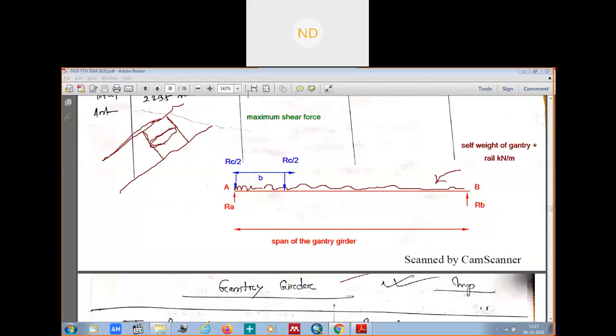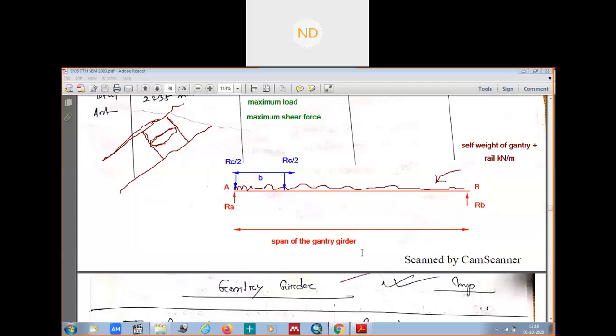In the first class we had calculated the maximum wheel load, and the maximum shear force we can calculate in this way. Another most important thing is what will be the maximum bending moment, and where will that be? So now we will check out how to find the maximum bending moments.